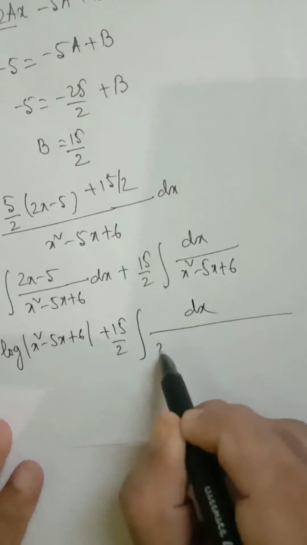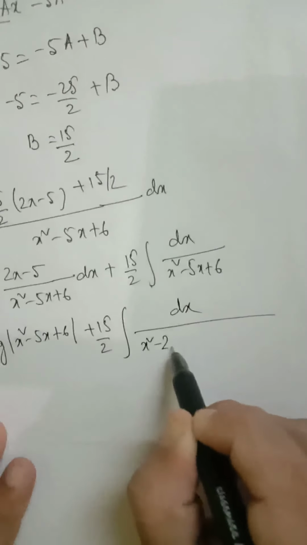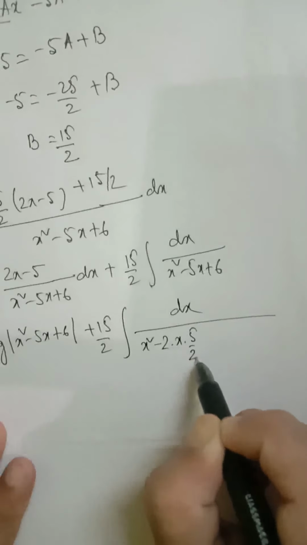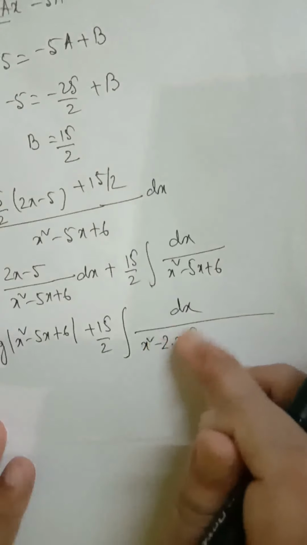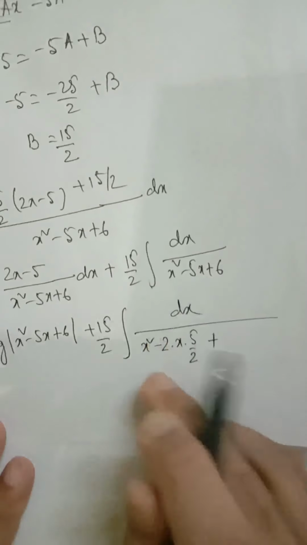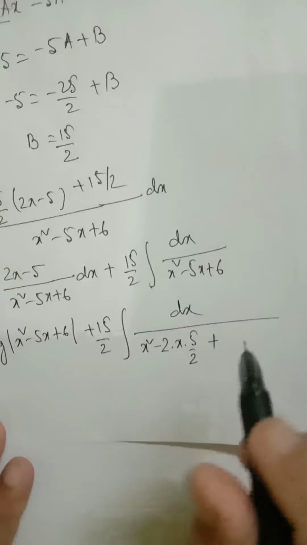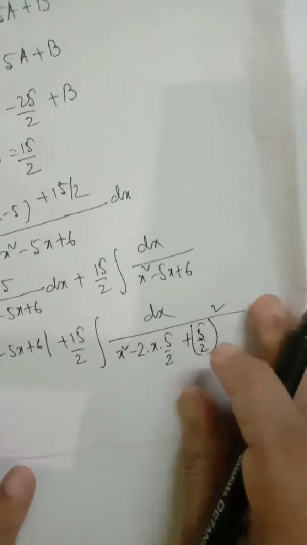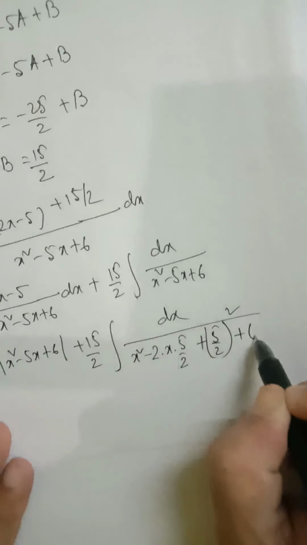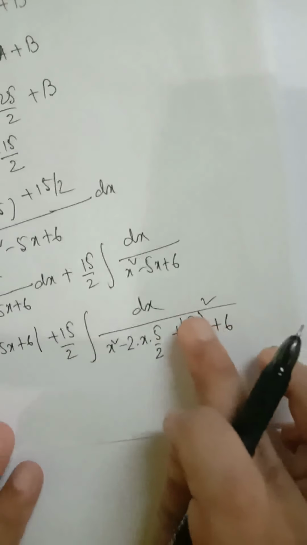dx by x square minus 2 into x into 5 by 2. In that case you can see 2 get cancelled, 5x, 5x. To make it a perfect square, a square minus 2ab, we will add 5 by 2 whole square with this. Now plus 6, I have written this term extra.